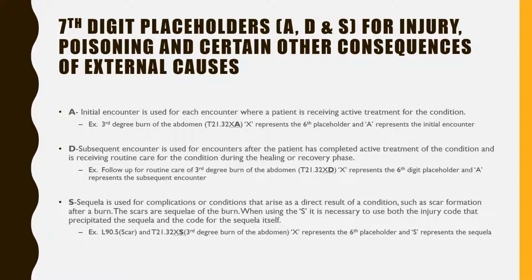And then we're still going to assign T21.32XS for the 3rd degree burn of the abdomen. The X represents the 6th placeholder and the S represents the sequela. Again, we look back at letter D. It should be T21.32XD.